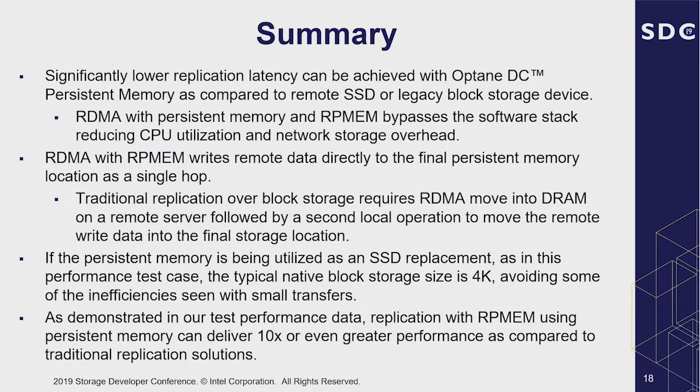So really, the key in using this solution is to make sure that you're using 4K or larger block sizes when you're replicating. As demonstrated with some of the test data that we have with RPMEM using persistent memory, we're looking at 10x or even greater performance compared to some of the traditional replication solutions that people are using.